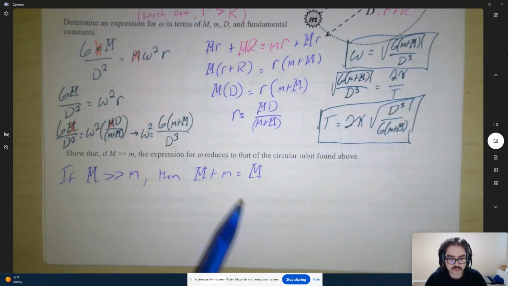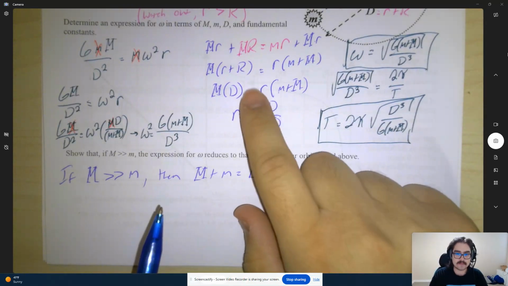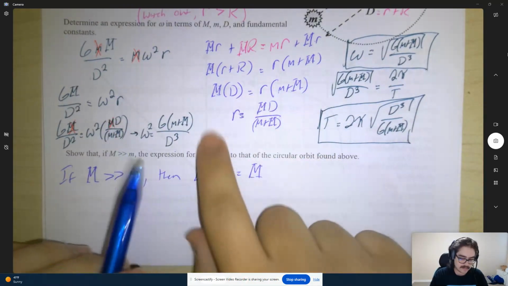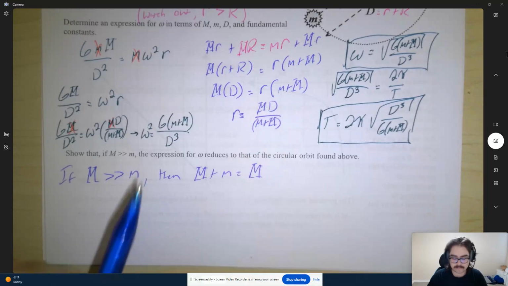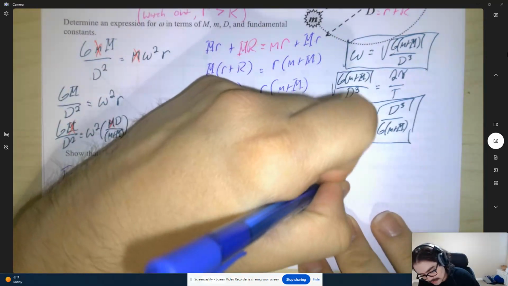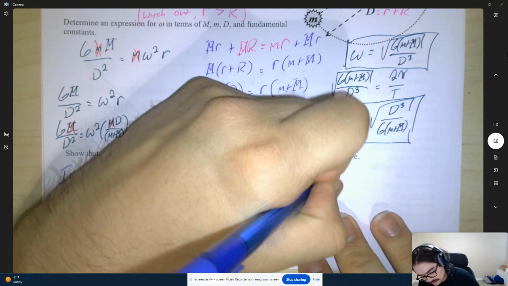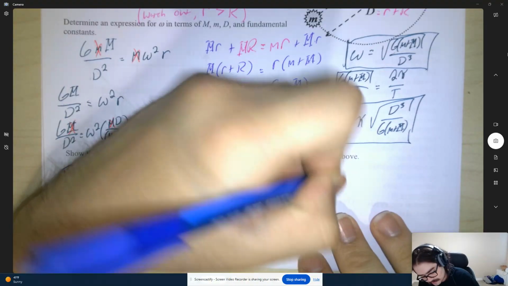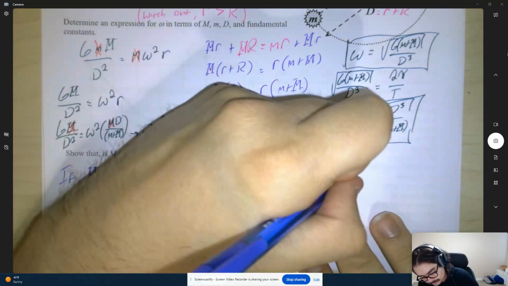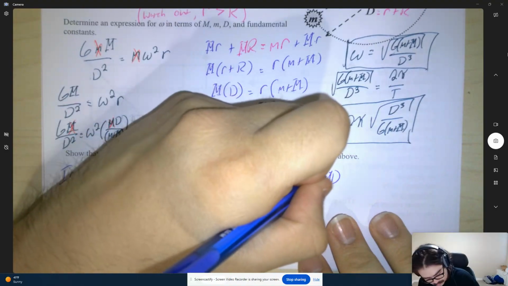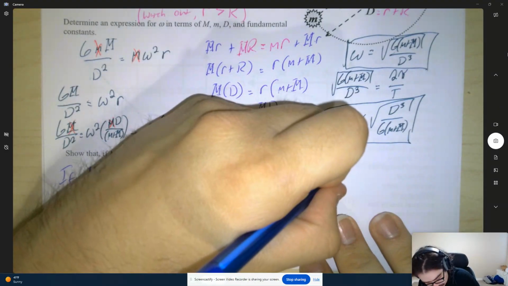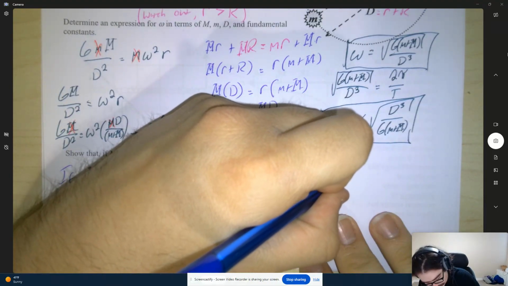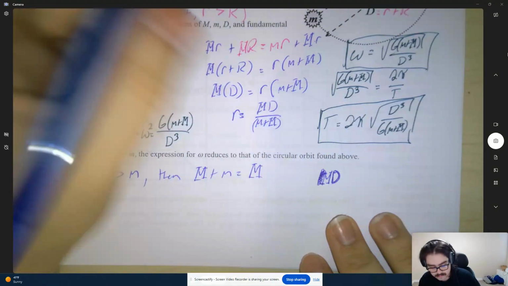If this is true, I'm going to go back to my derivation up here. When I do this part right here, M D equals R (m plus M), sorry, I'm just trying to make this look clear.